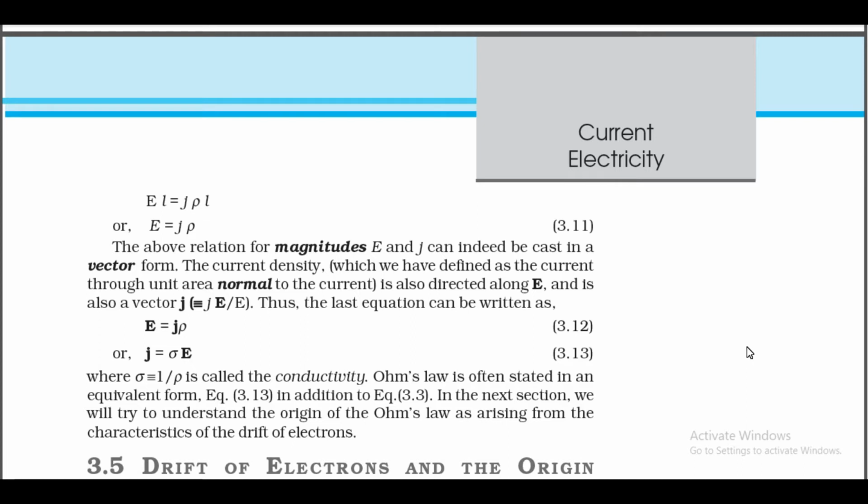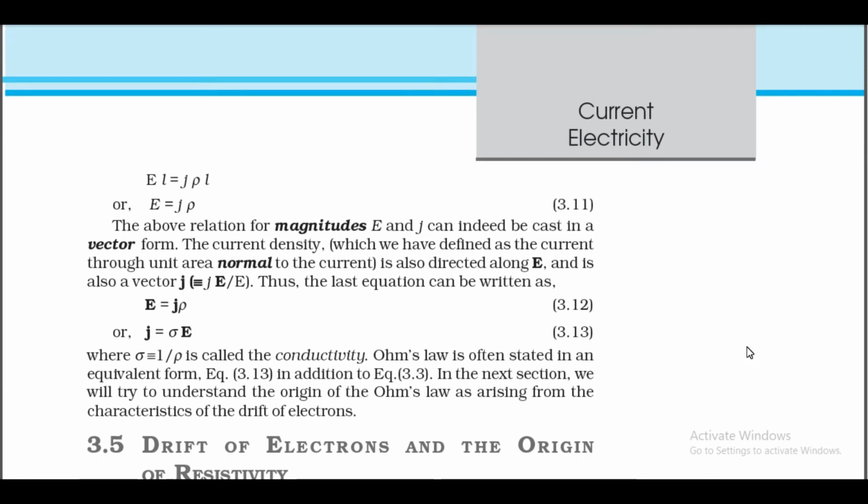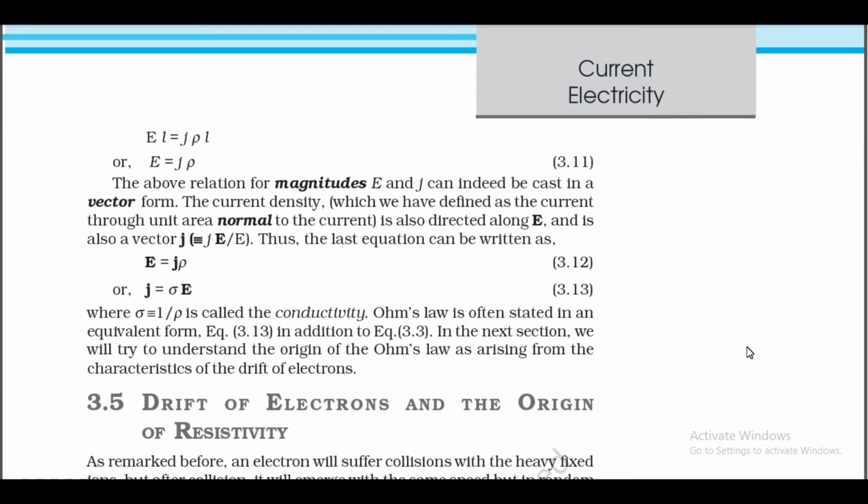The above relations for the magnitudes E and J can indeed be cast in the vector form. The current density, which we have defined as the current through unit area normal to the current, is also directed along E and is also a vector J. Thus the last equation can be written as E = J rho, or J = sigma E, where sigma = 1 divided by rho is called the conductivity.